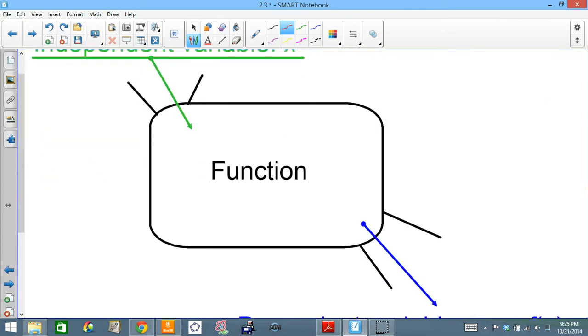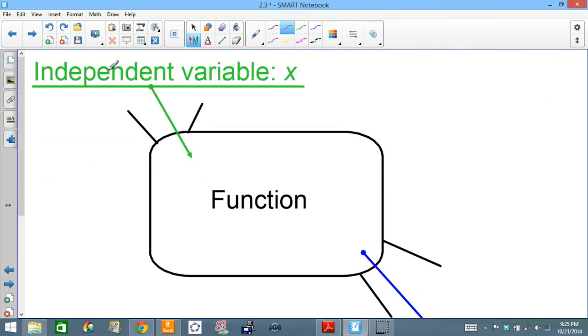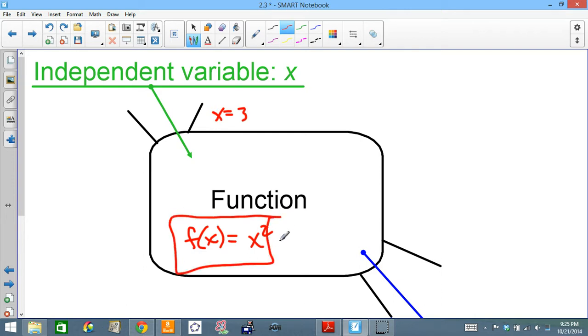Another way of looking at this, which really is helpful, is that a function is a kind of machine. For example, if I say f of x equals x squared, I put x in here. Let's say I put in x equals 3. I put that into my function machine, and it goes through this little equation right here.